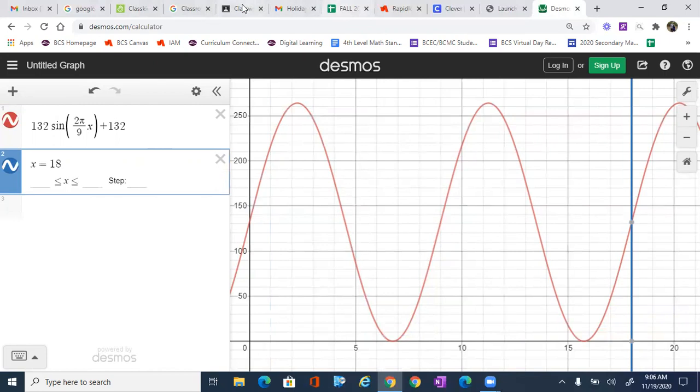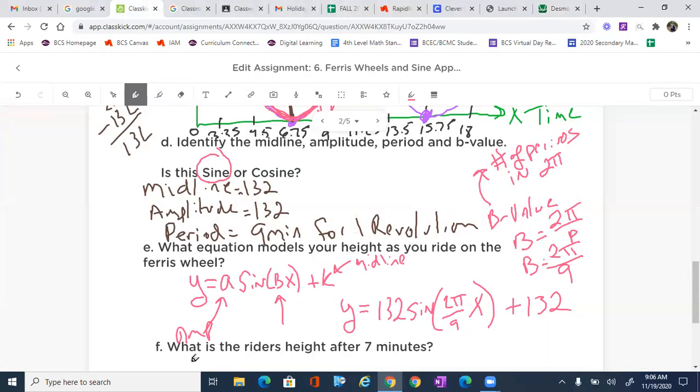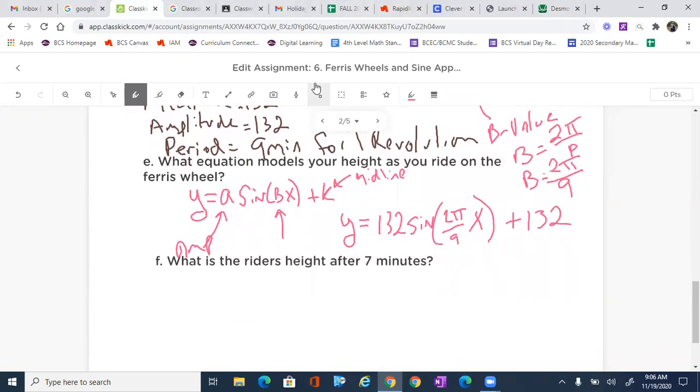Now, the last question on this class kick says, what is the rider's height after 7 minutes? Okay, well, 7 minutes, that's our x. X is our time. So since x is equal to time, I want to know the y value when x equals 7.